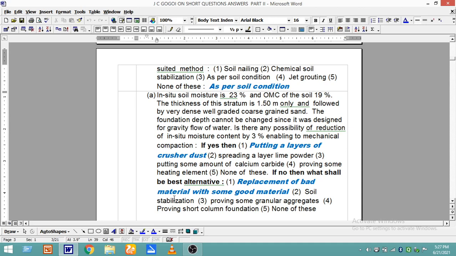Soil stabilization will be a costly proposition, provision of some granular aggregates will be costly, and providing short column foundations will also be costly. So it shall be the best answer.